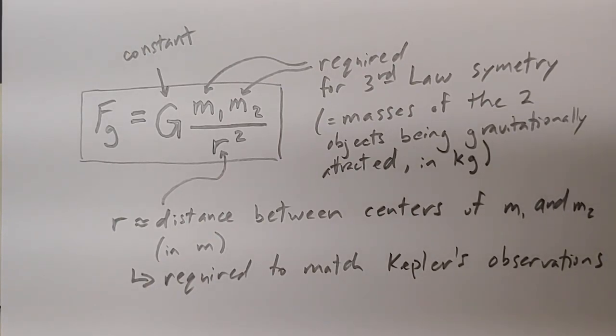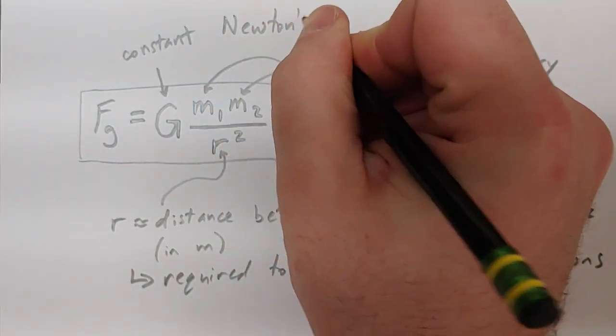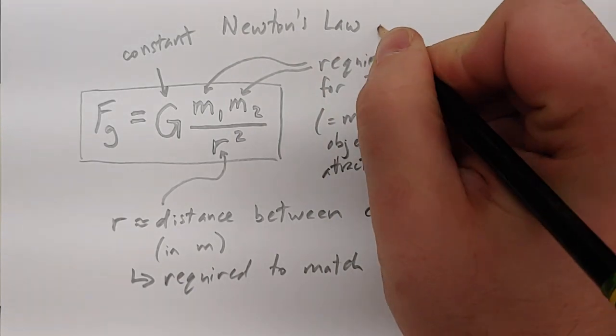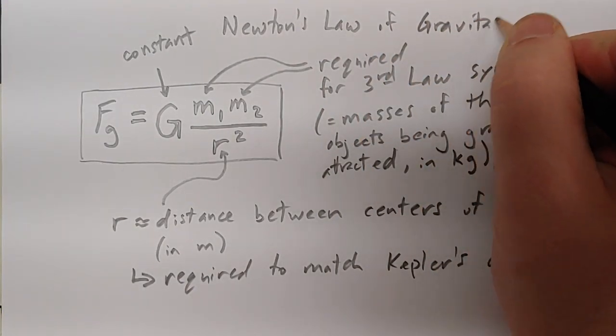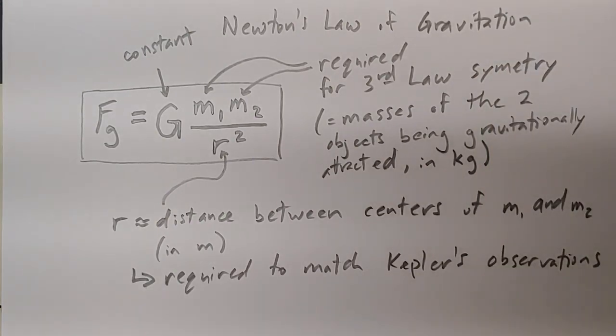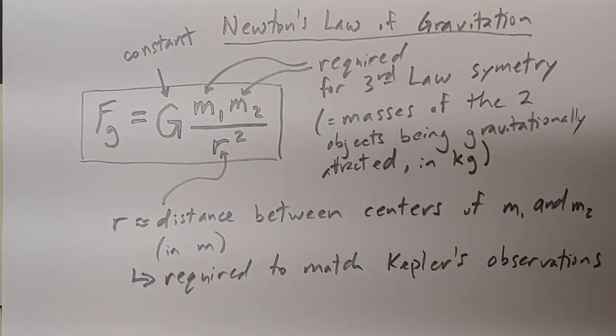This equation has a number of names. I think in your book, it is just called Newton's law of gravitation. Sometimes it is called the law of universal gravitation or the universal law of gravitation. Since it doesn't really have a standardized name, I wouldn't worry about its name too much.